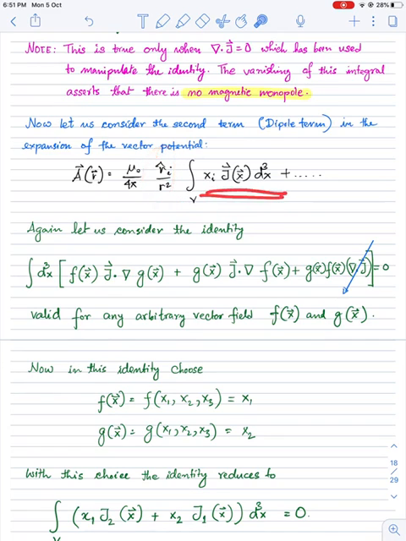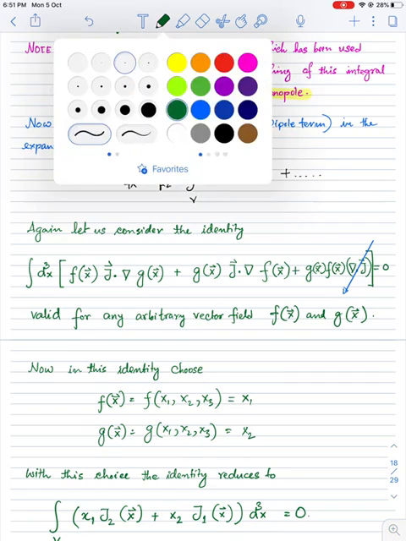So I can take the r hat outside and write r hat divided by r squared, and within the volume integral over the source there is an x_i that multiplies it.